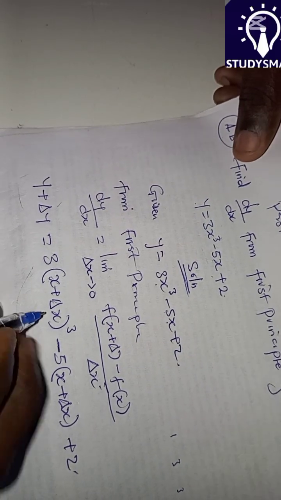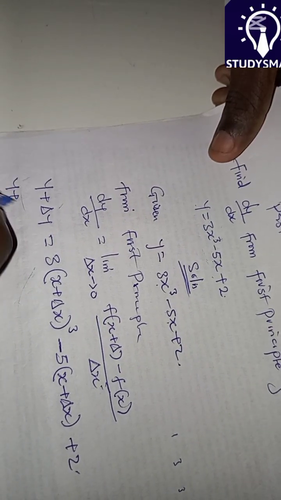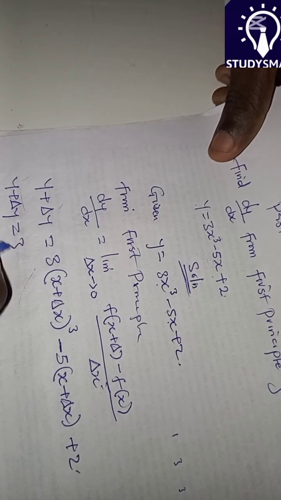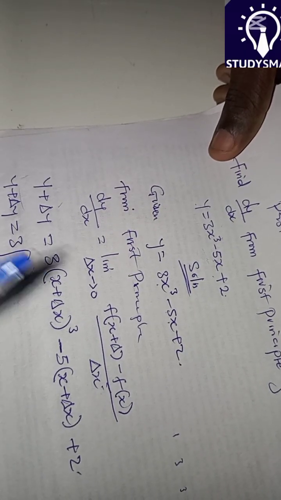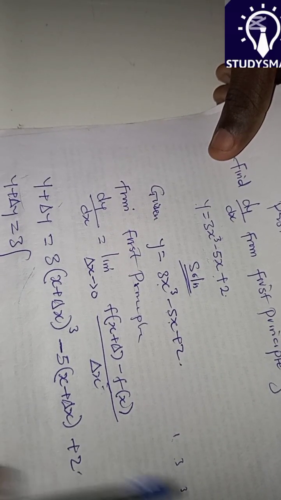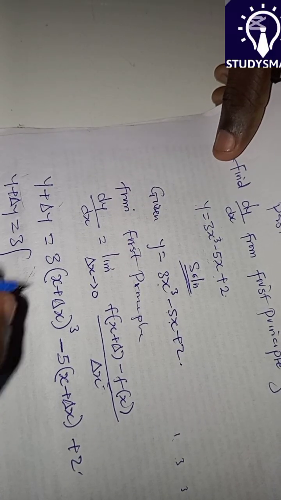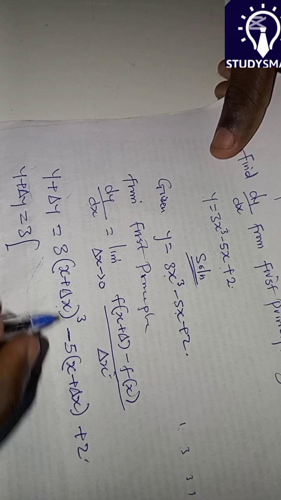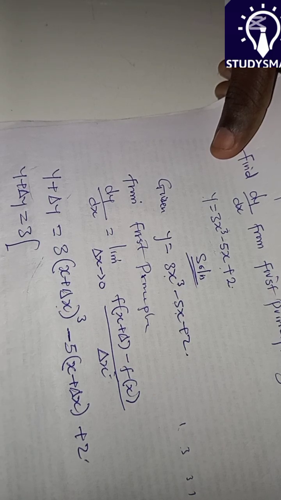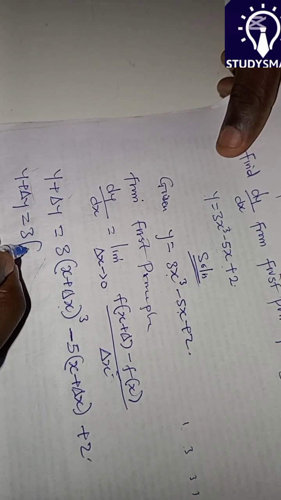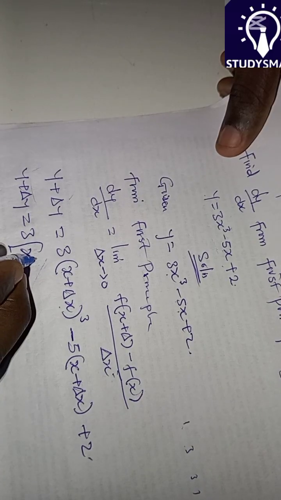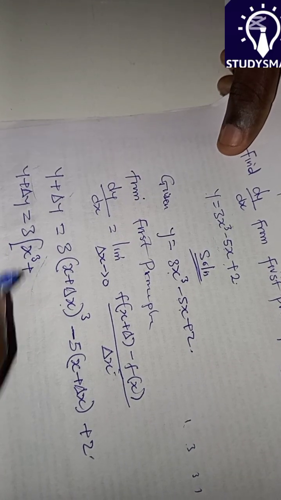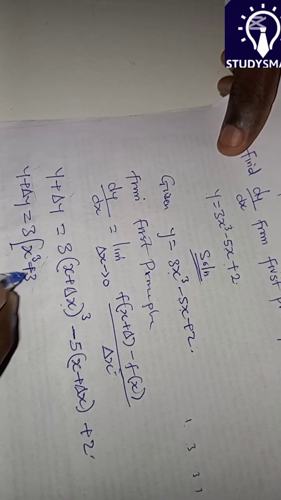All right, so we are going to be having y plus delta y here to be equal to 3 into, so I have my coefficients to be 1, 3, 3, 1. So it means that x is reducing from power 3 to 0, while delta x is increasing from 0 to 3. So here will be x raised to power 3 plus the next coefficient after 1, which is 3.